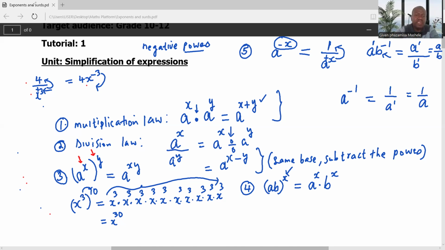But if both a and b were negative in terms of powers, let's say we had something like this: a to the exponent of minus 2 times b to the exponent of minus 3. Then let's say we are asked to simplify this to remain with exponents that have positive powers.